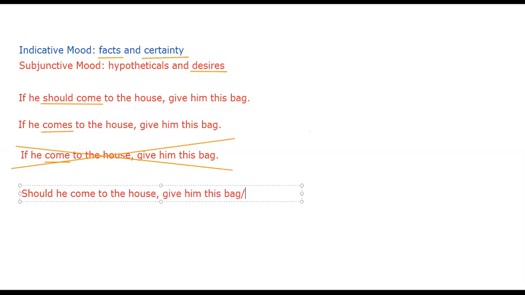I keep misspelling things. Okay. And now you have an inversion with should. So instead of if he should come, you have should he come. So the if is implied. It's gone because we can just invert it. So now we have should he come to the house, give him this bag, which is the same meaning as the first one, but with a slightly different word order.